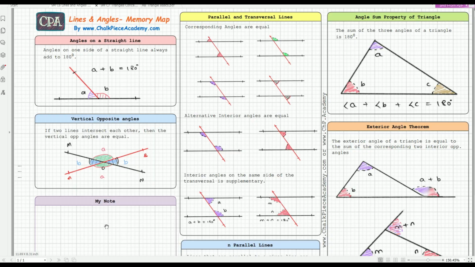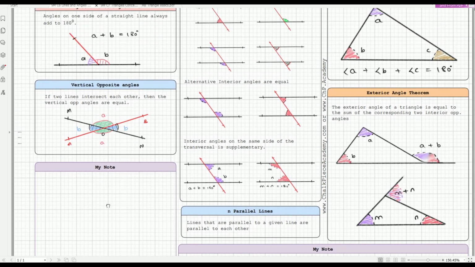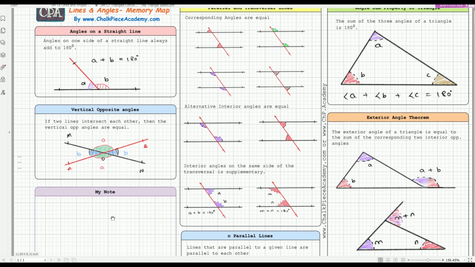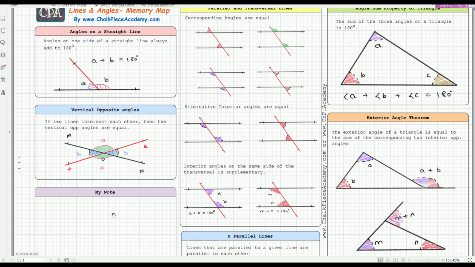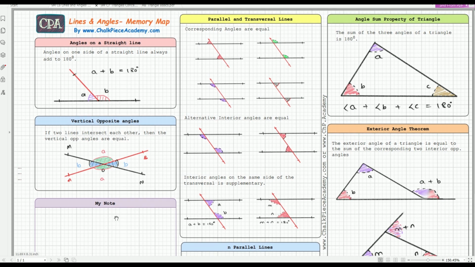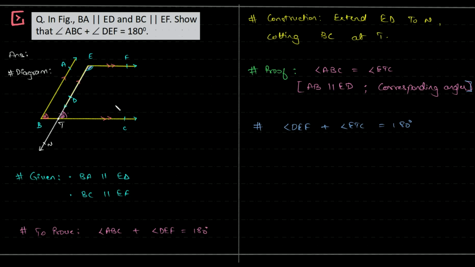So you have your clue on the screen itself. The clue is: interior angles on the same side of the transversal are supplementary. If you have this transversal, and the angles are interior, they will add up to 180 degrees. That's your transversal, these are your interior angles, they will add up to 180 degrees.